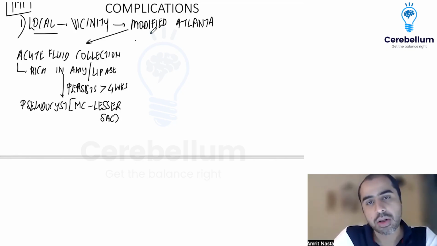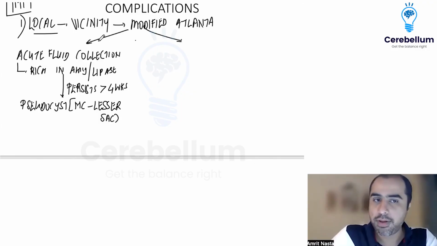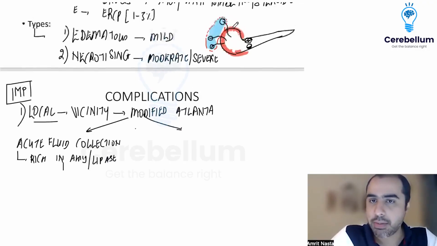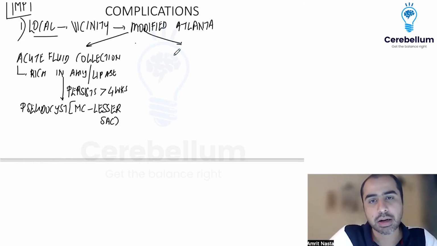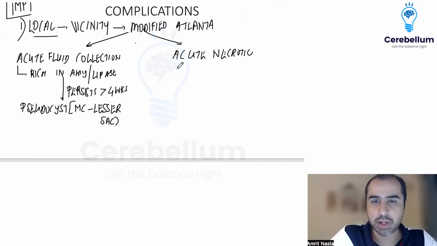On the other hand, if the fluid collection has some necrotic material, if this necrotic material leaks and collects with the fluid collection, that is called acute necrotic collection. So basically, it is a fluid collection, AFC, mixed with some necrotic debris.